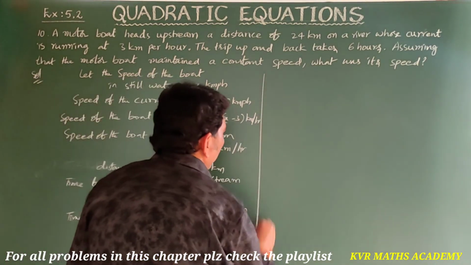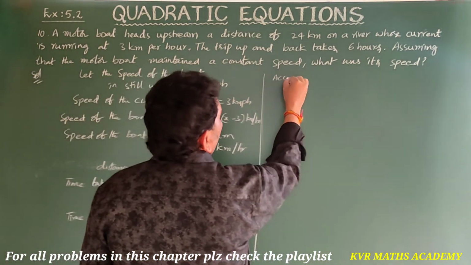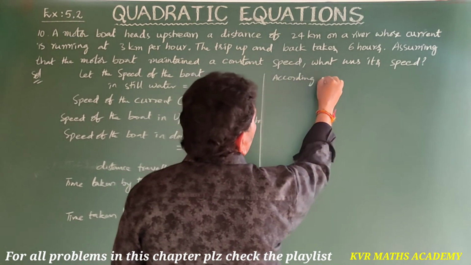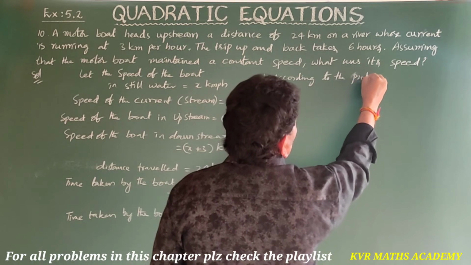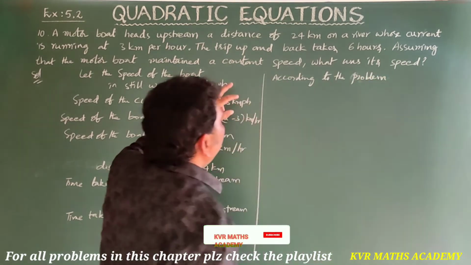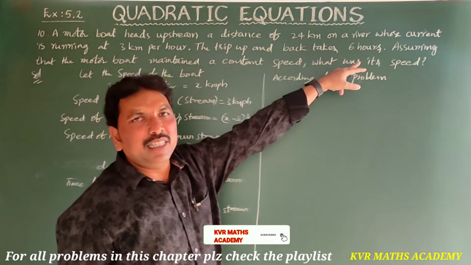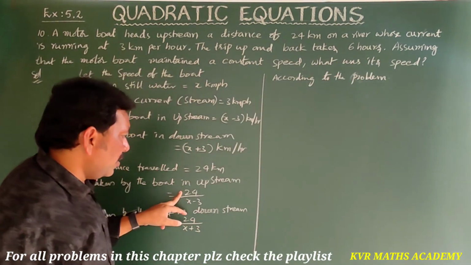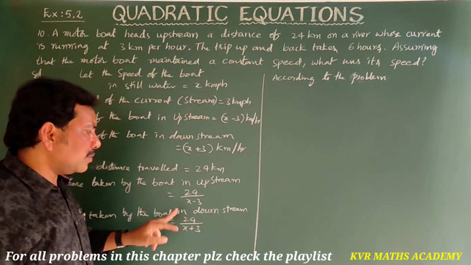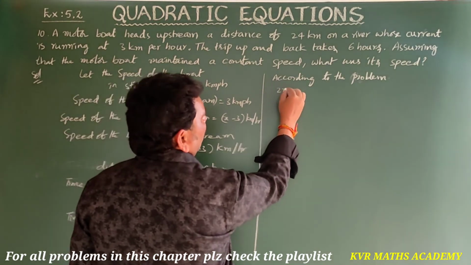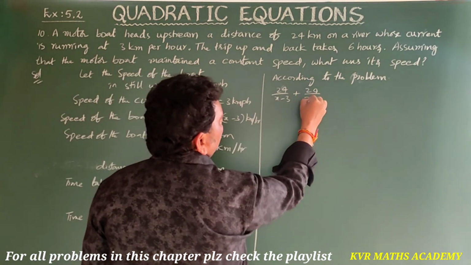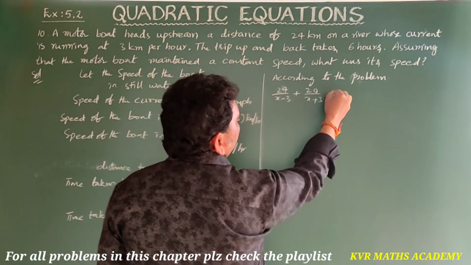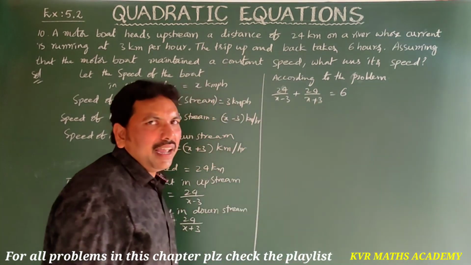So according to the problem, the total time taken for the trip up and back is 6 hours. So if you add both, 24 by x minus 3 plus 24 by x plus 3 is equal to 6.